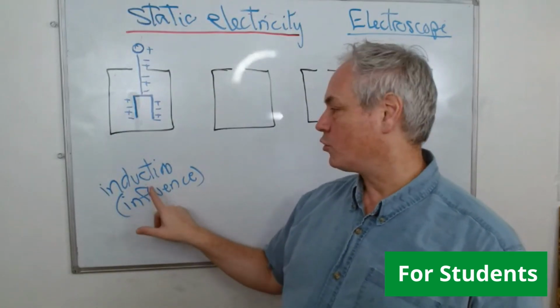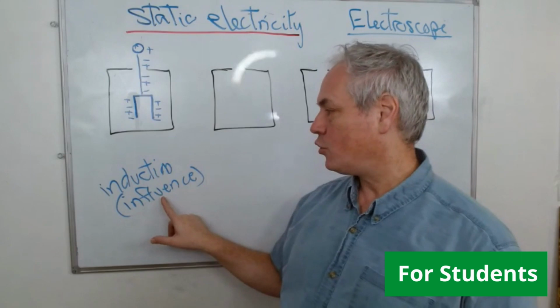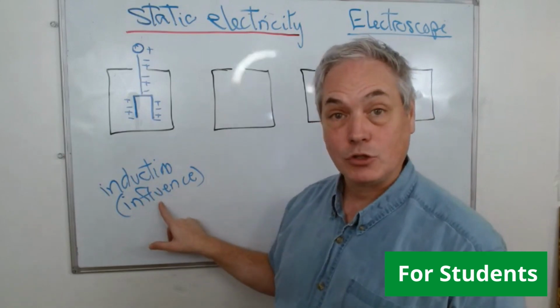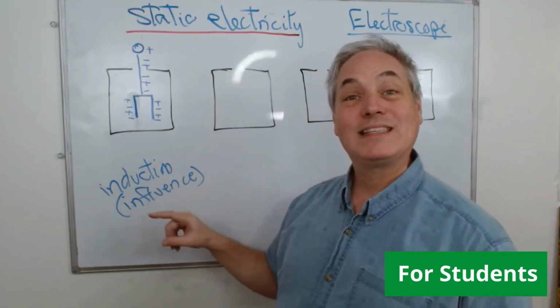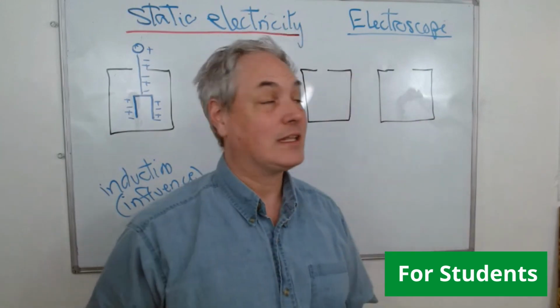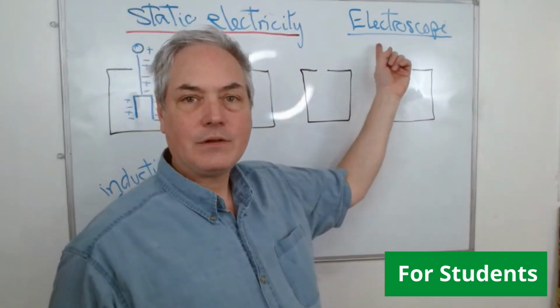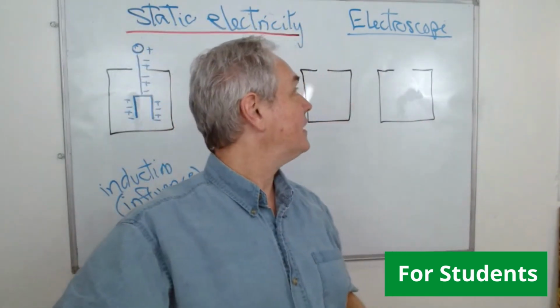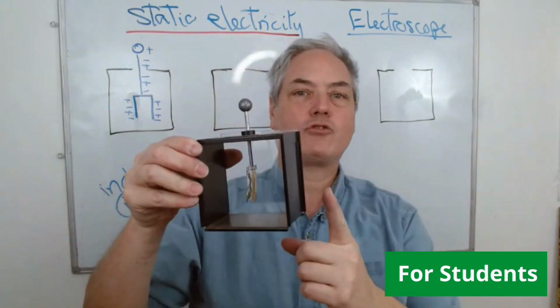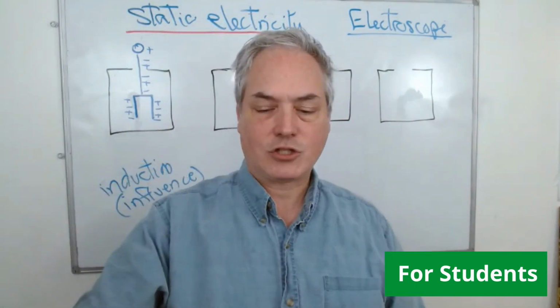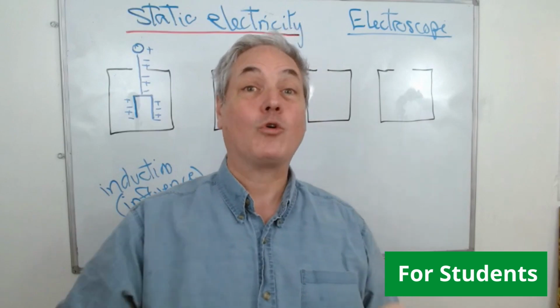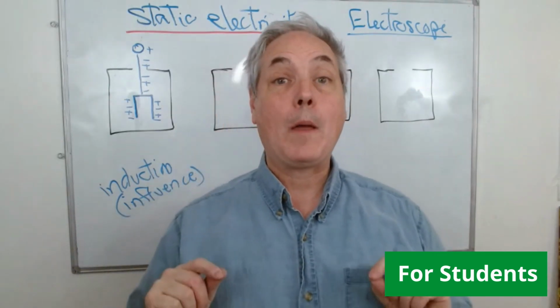Another word that relates to induction is influence. So it's influencing electrons without touching them. And the other piece of information that we are using today is electroscopes. An electroscope is a piece of equipment that allows us to see electrons or the effect of electrons moving.